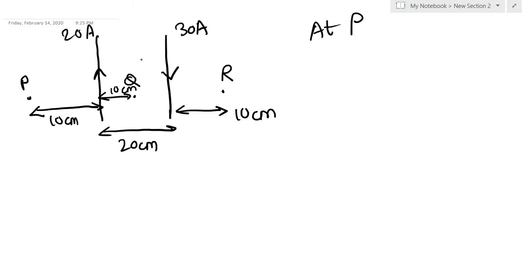Now first let's identify the directions of the magnetic field. That will help us understand if we want to add them directly or subtract them, because they're vectors, right? We need the direction first before doing anything.